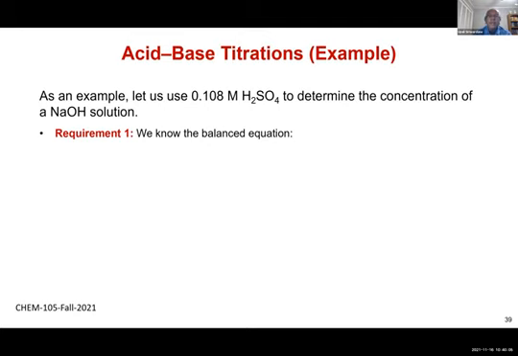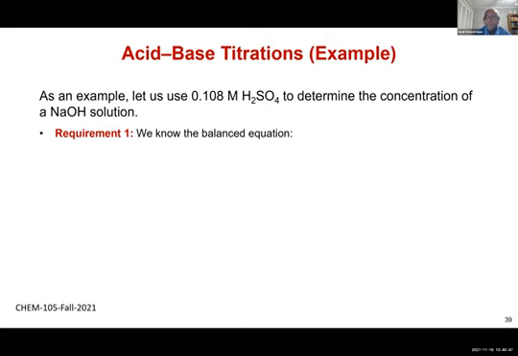As an example, let us use sulfuric acid, 0.8108 molar. Determine the concentration of sodium hydroxide solution. We're going to do a titration of a known volume of sodium hydroxide solution of unknown concentration, titrated with sulfuric acid of known concentration.